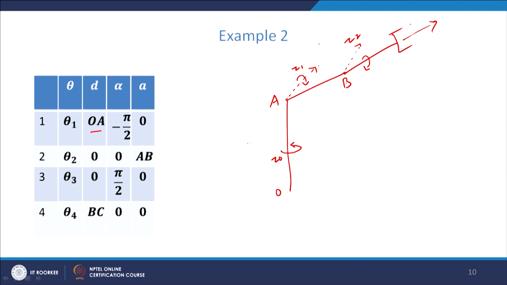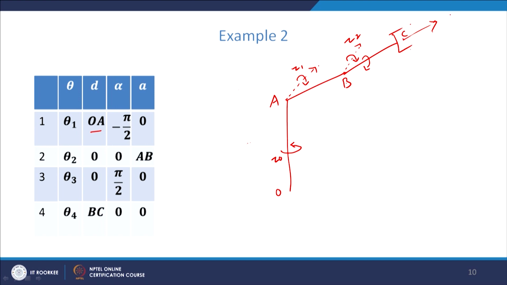So, Z1 and Z2 axes are always parallel to each other, and it will be perpendicular to the plane of the paper at this position. And at the same joint B, there is another axis of rotation which is in the direction of BC.